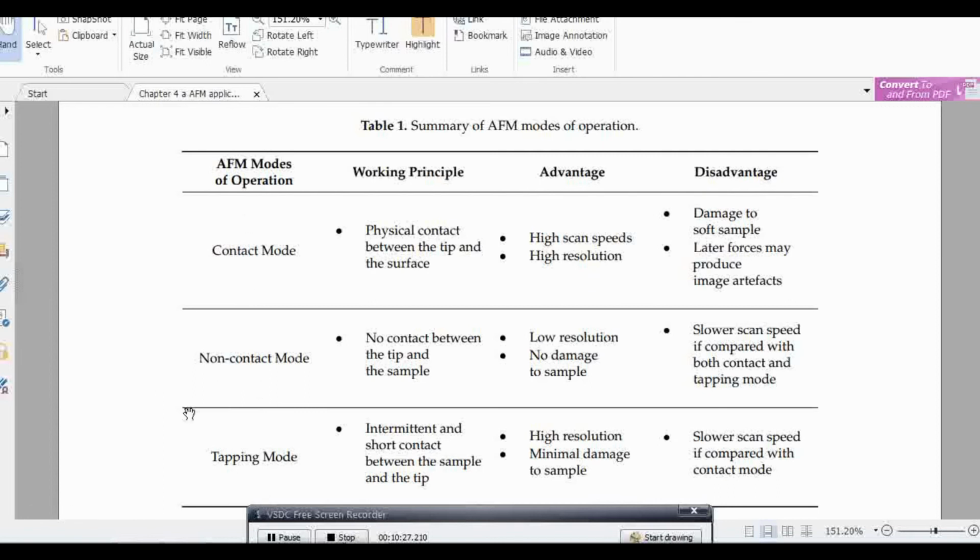So based on these three, which one? I'm sure you can tell your answer in the comment section. Type your answers: which one will be the most preferable, and why do you think it is useful for the surface patterning technique with this AFM system?